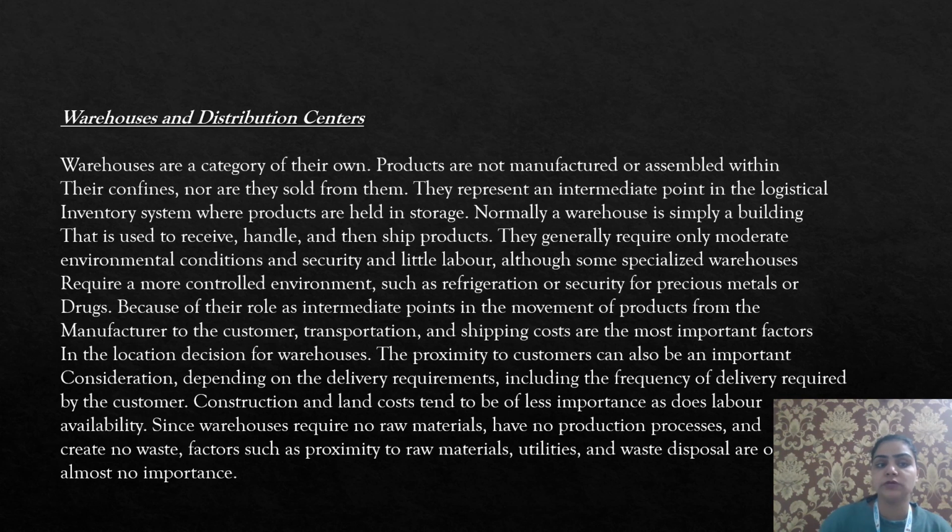Let's talk about warehouse and distribution centers. Warehouses are a category of their own. Products are not manufactured or assembled within their confines, nor are they sold from there. They represent an intermediate point in the logistical inventory system where products are held in storage.